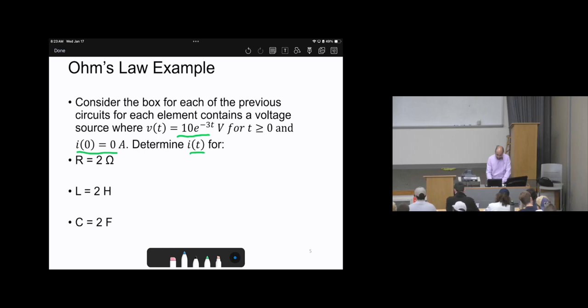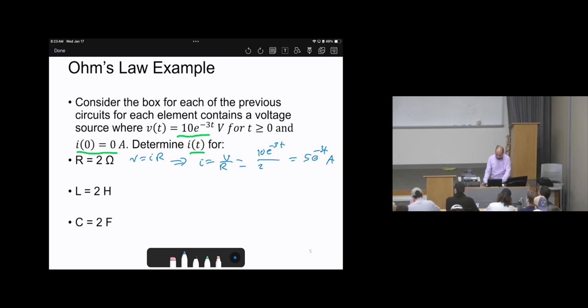As we know in Ohm's law, V equal I times R. Then we need to calculate the current, so I will be V over R. So V is given as 10 e power negative 3t, while R is given as 2, so it will be 5 e power negative 3t. And the unit, of course, is amperes. Okay?